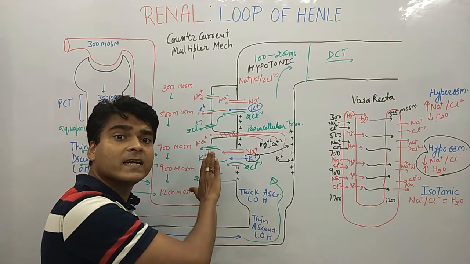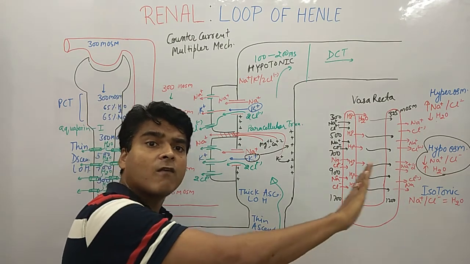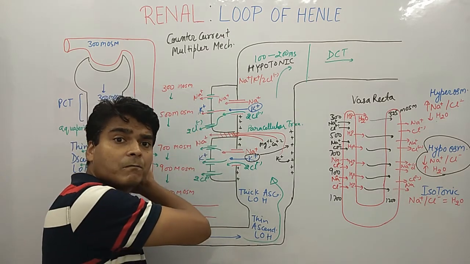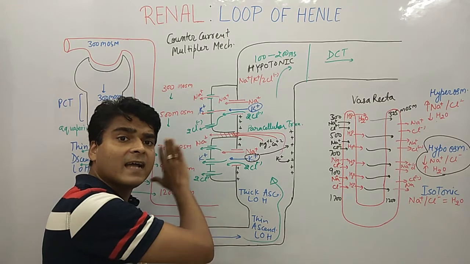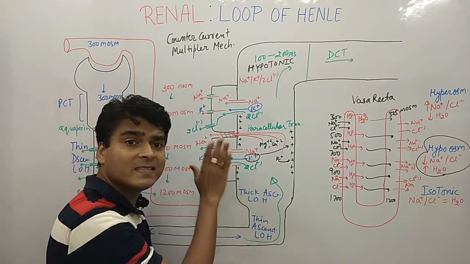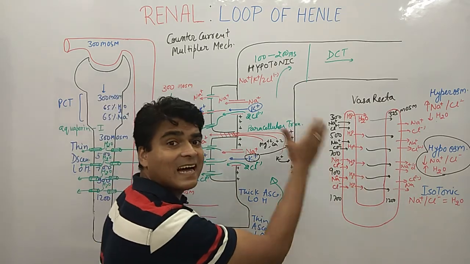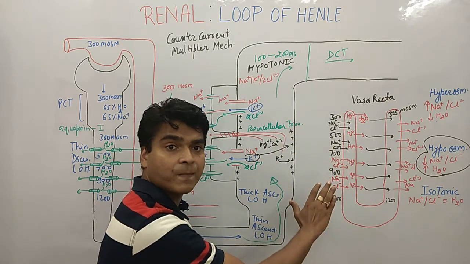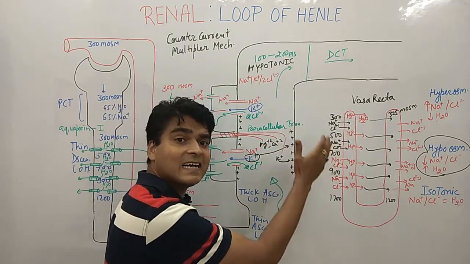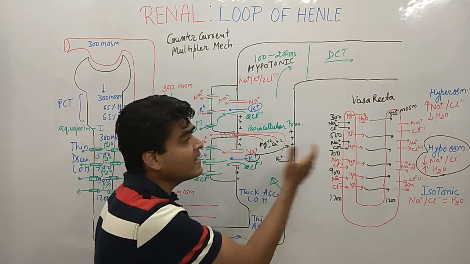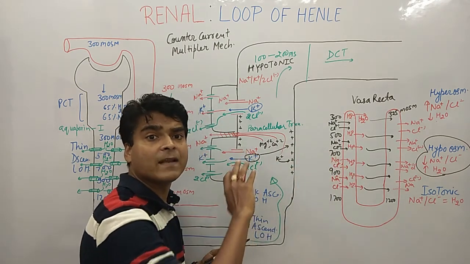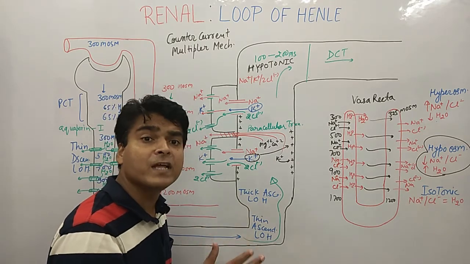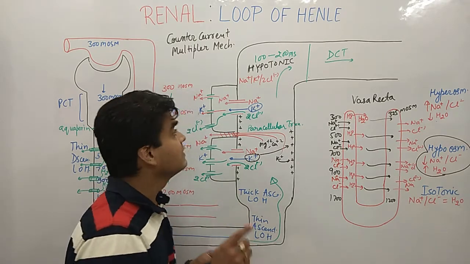There is a possibility of sudden washout of sodium and chloride, the salty ions, by the H2O. To stop this washout, the vasa recta helps in preventing washout of salty ions. So it basically maintains the medullary osmotic gradient.